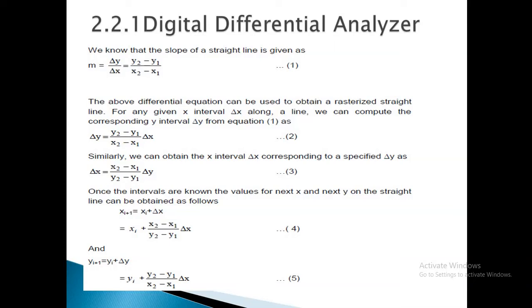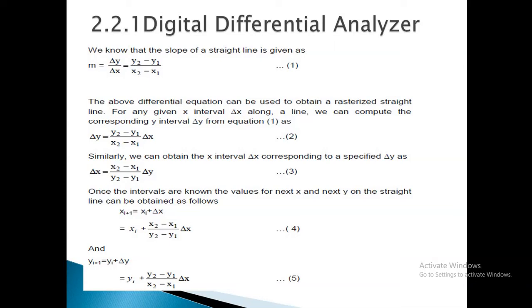In the digital differential analyzer algorithm we first find the slope of the straight line, that is m is equal to delta y upon delta x, where delta y is equal to y2 minus y1 and delta x is equal to x2 minus x1.